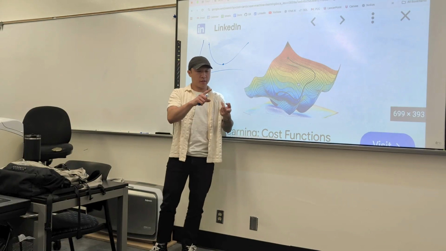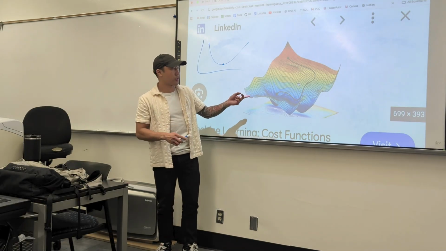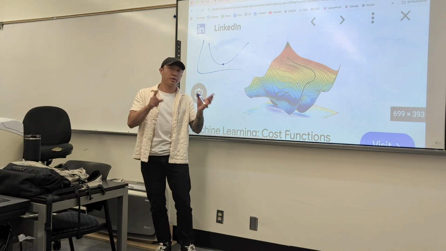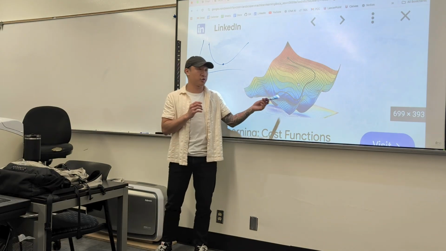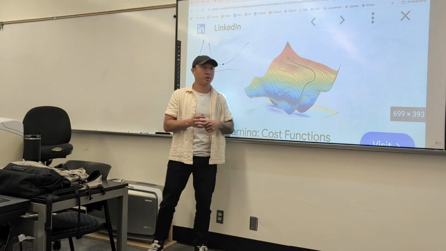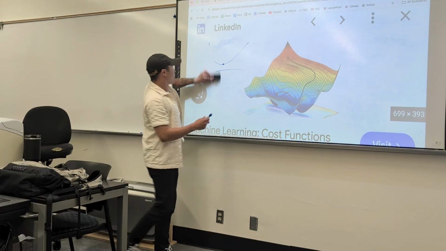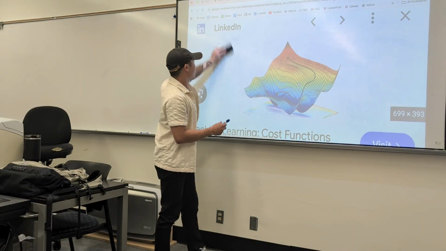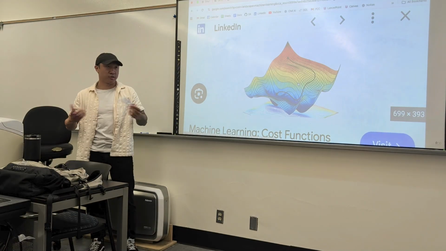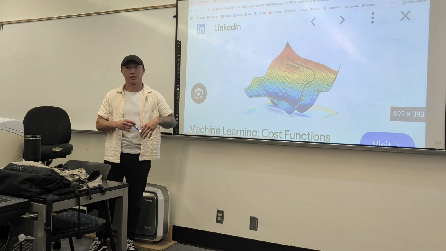Some people within those fields have tried to conquer this cost landscape problem. Because of the exploding field, we're seeing a lot of interdisciplinary math and engineering come together to solve these types of problems.